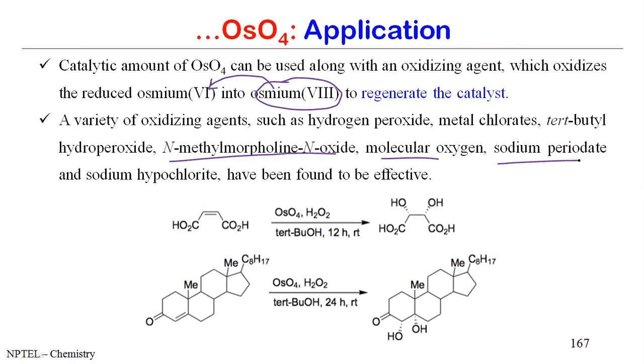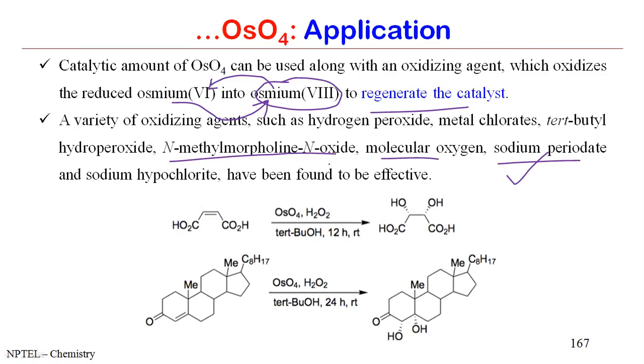So these are some reagents which convert this reduced osmium 6 into the osmium 8 state. Once we are adding this kind of oxidizing agent, then it will regenerate the catalyst so that we can have a high yield of product.